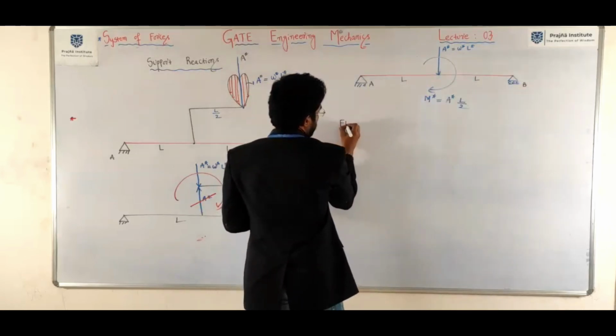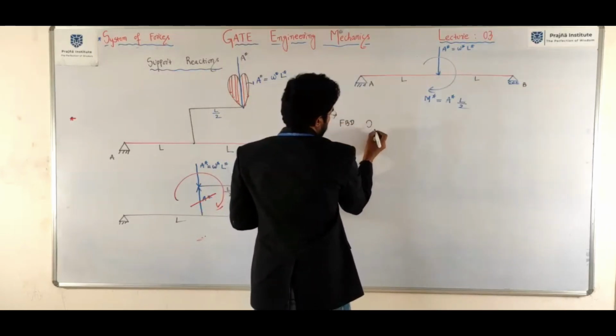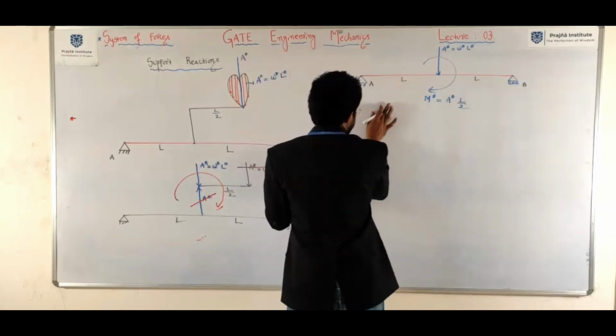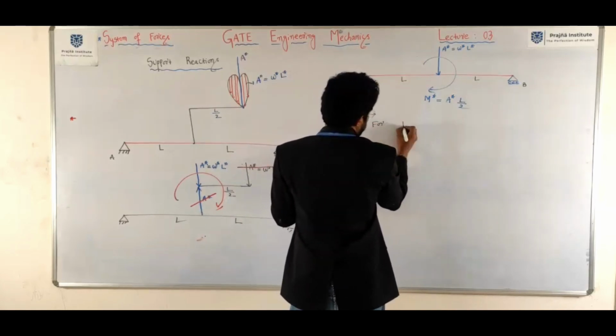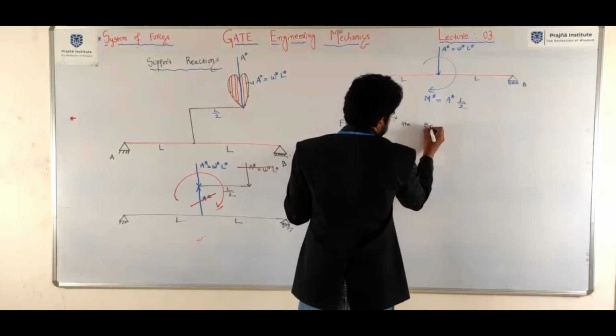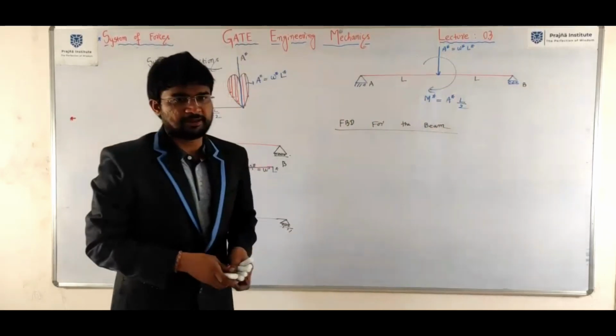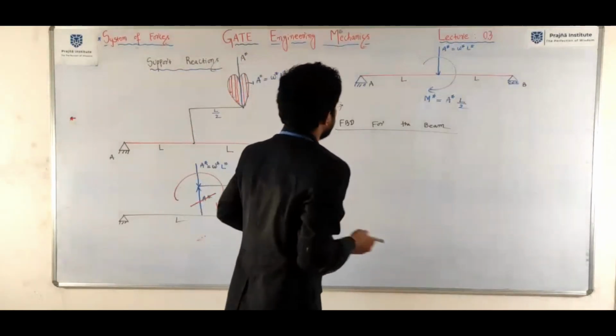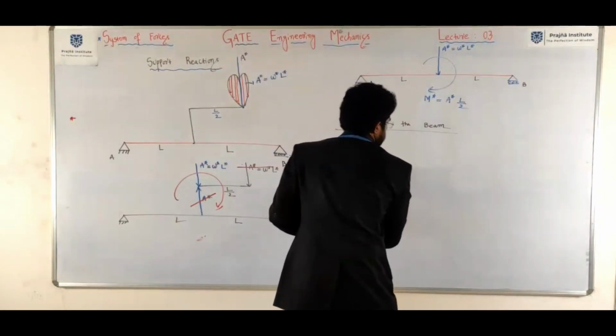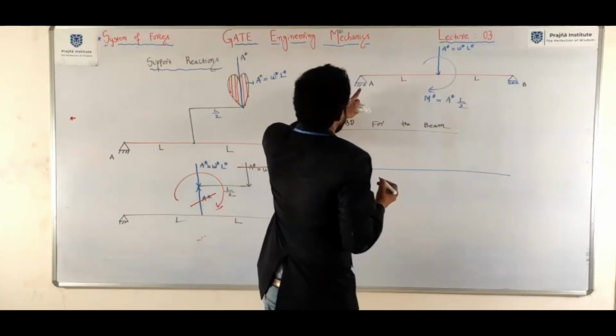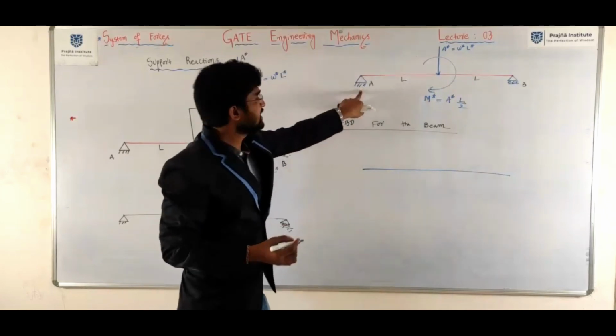Now draw free body diagram for the beam. Free body diagram for the beam. So, while drawing free body diagram, see this. Number of support reactions at hinge support.